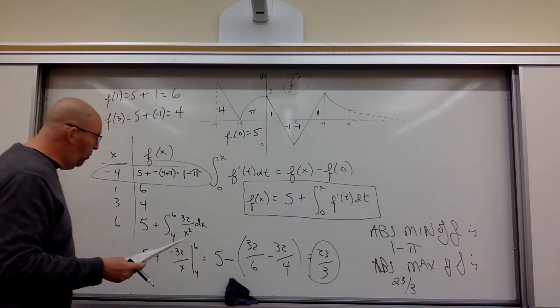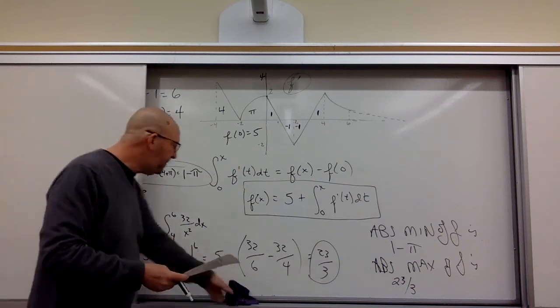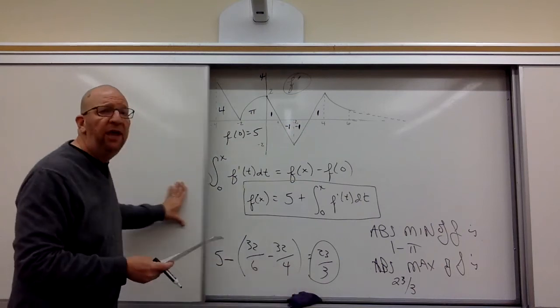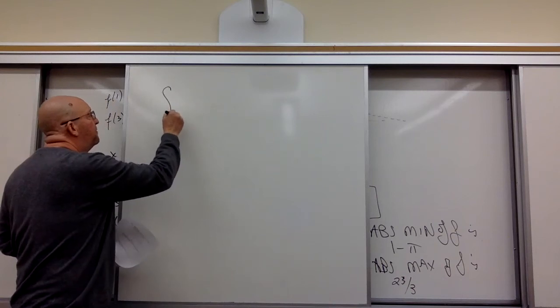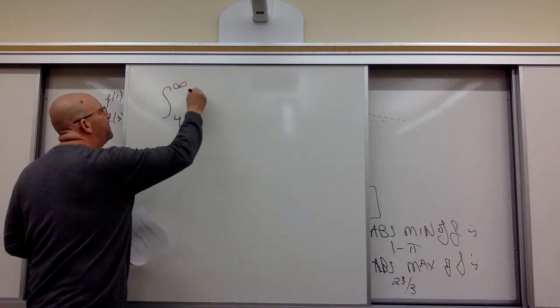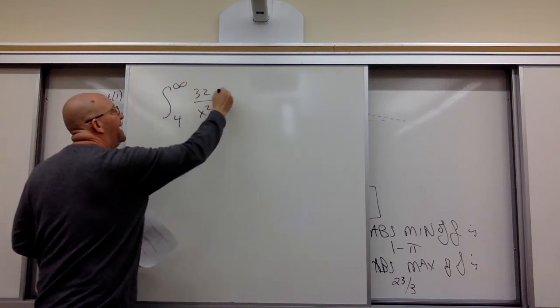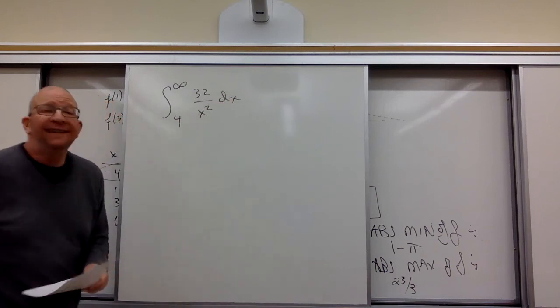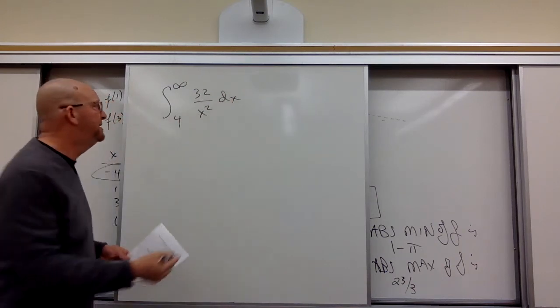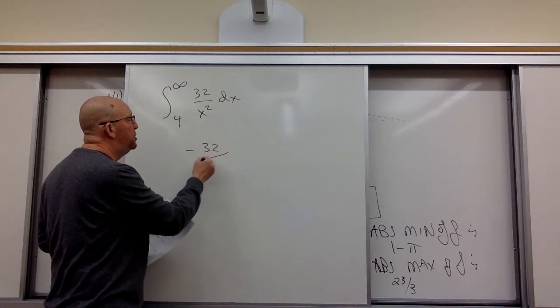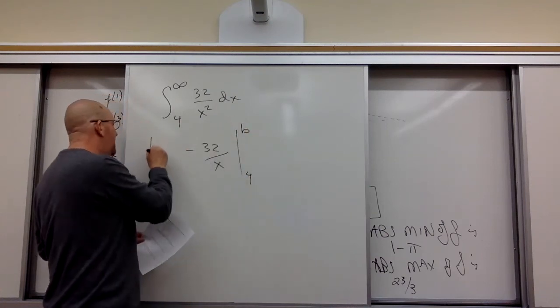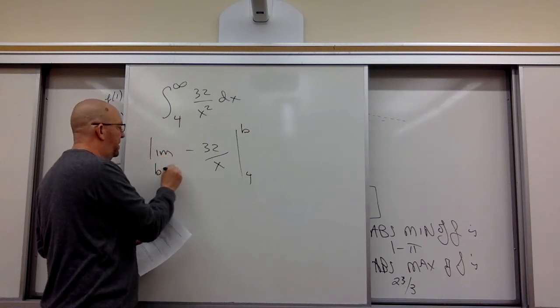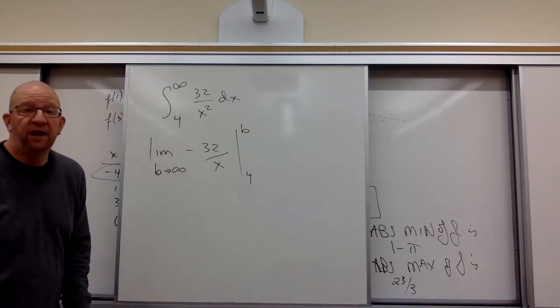Let's bring it home with part E. This is our improper integral, and you know how to do this. We're going to take the integral from 4 to infinity of 32 over x squared dx. We just integrated 32 over x squared, so I know that's -32 over x evaluated from 4 to b, where b approaches infinity.